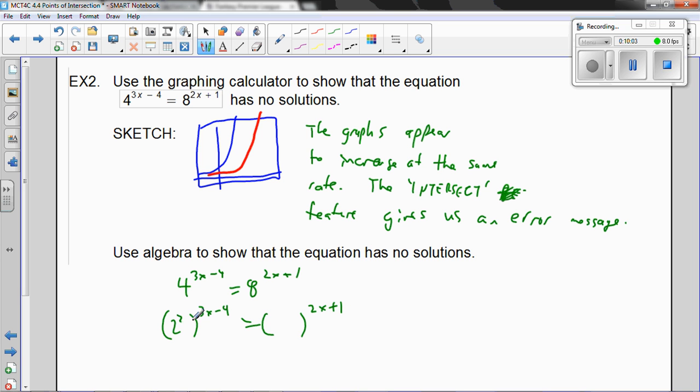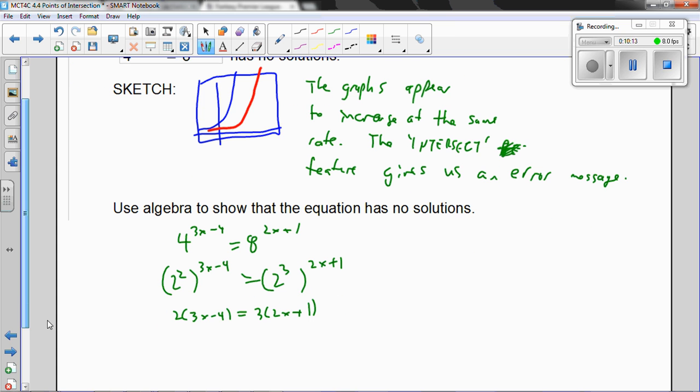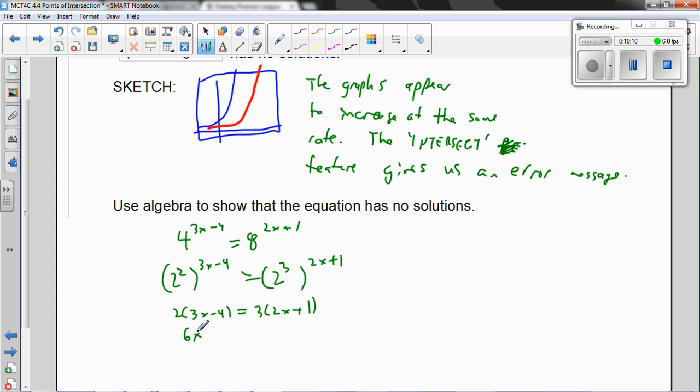This is 2 squared, this is 2 cubed, the exponents are equal, and what happens is then I get the same coefficient of x on both sides, and when we subtract, it disappears. Subtract 6x from both sides and I get something stupid. Minus 8 equals 3. Well, minus 8 isn't equal to 3, is it? This is impossible, no solutions.